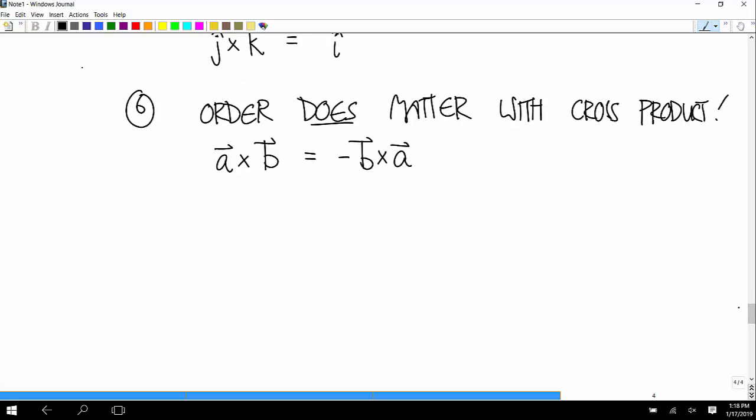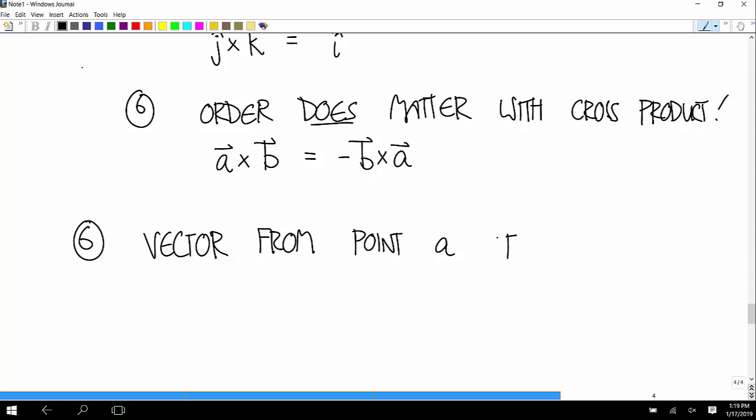Okay, so now that's the end of multiplication of two vectors. So now we're going on to part 6, and that is calculating a vector from point A to point B. And you can think of the positions, the coordinates of locations in space, as being vectors.